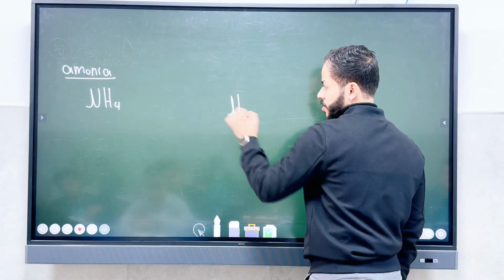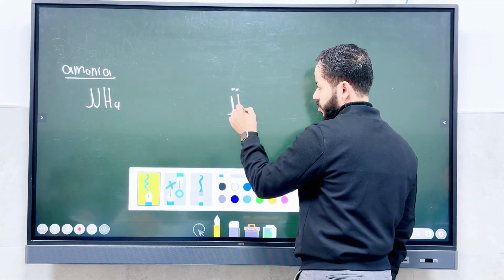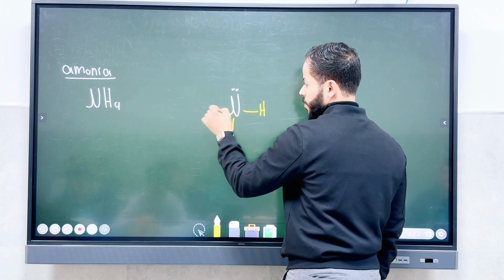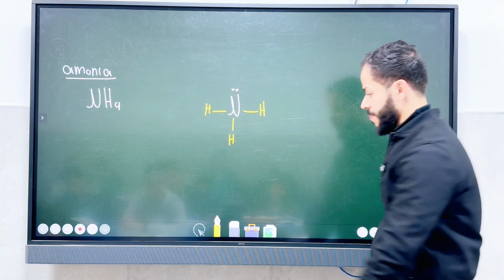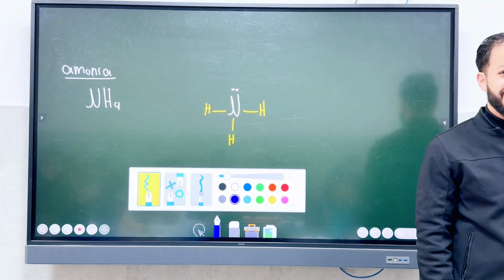This is the nitrogen, the central atom. Here are the three hydrogen atoms: 1, 2, 3. How many things are here, guys? 3 or 4?